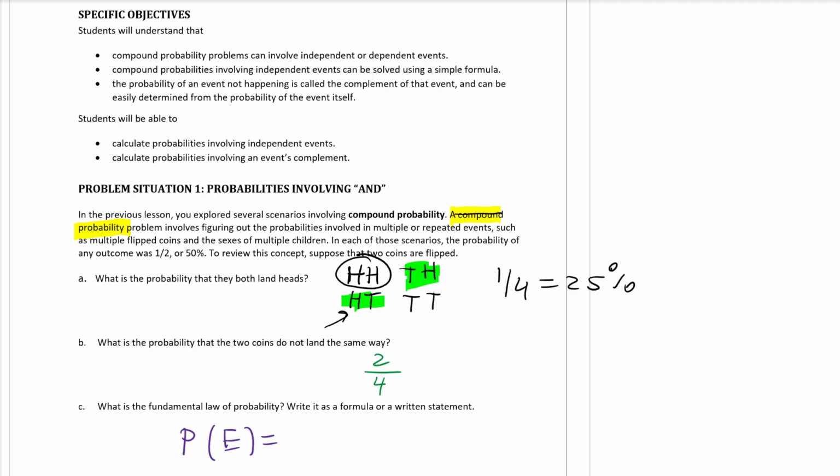So probability of the event E is the number of ways E can occur. Alright, so in other words, we're measuring this E, how many times can it happen, divided by the total number of possibilities.